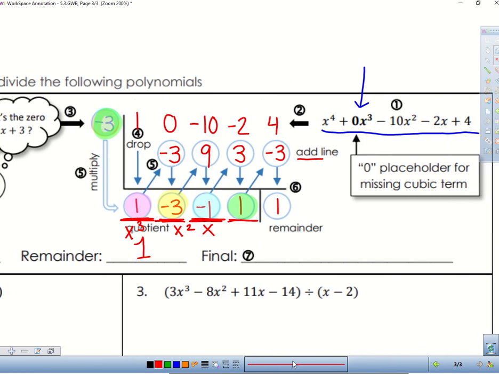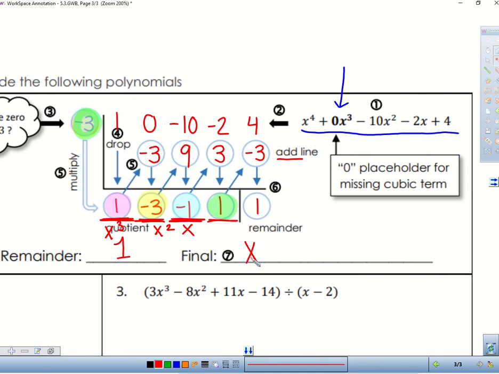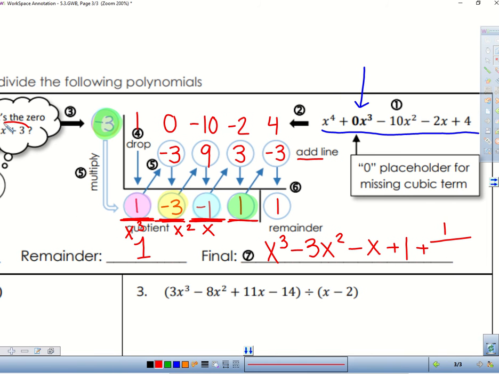Now, how you write the answer out is you write the quotient, which we just came up with, plus the remainder over what you divided by. Really, you divided by x plus 3. So, synthetic division is a way of removing all the variables for the process. Another way of doing long division, but it's like a shortcut, okay?